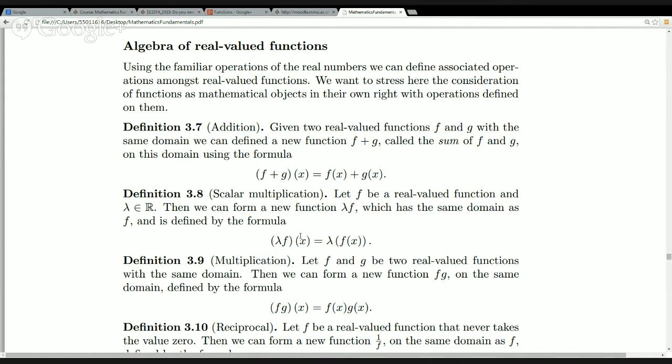If arithmetic type operations exist on the codomain Y, then the set of such functions f from X to Y will inherit these operations. Okay. So structure that exists on the codomain can be passed upwards to the set of functions that are landing into that codomain. You'll see that a lot when you look at more abstract mathematics.